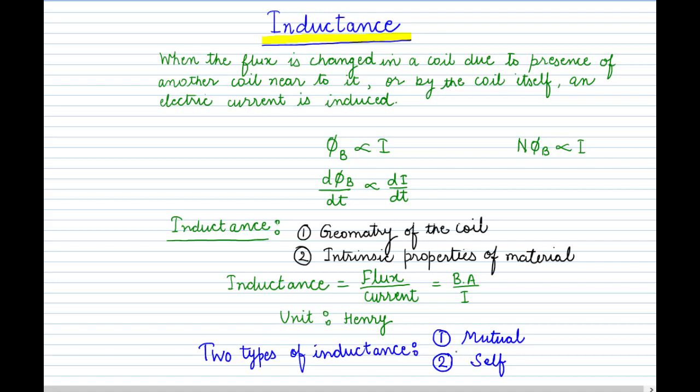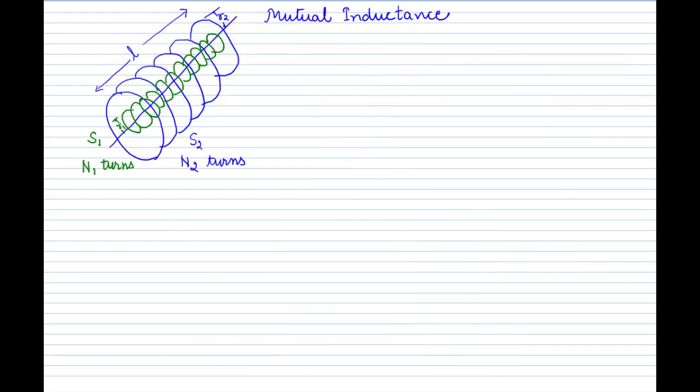So let us go to mutual inductance. In order to understand it, we are taking two coils. The outer coil, in blue color, has length small l and radius R2, and we call it S2, having N2 turns. The inner coil, shown in green color, has radius R1, the same length l, and we call it S1, having N1 turns.